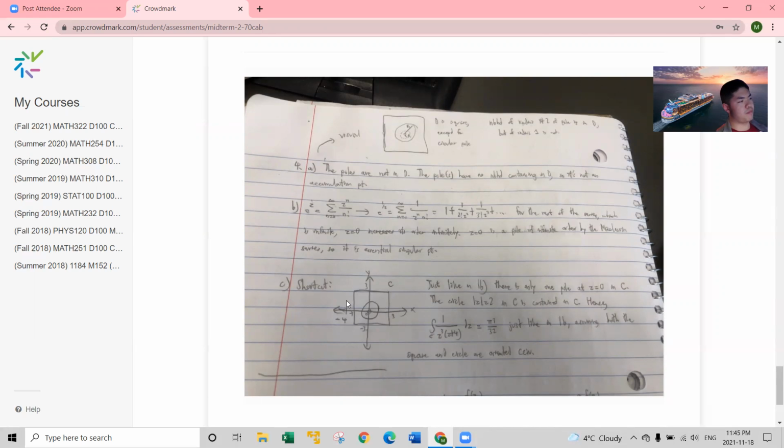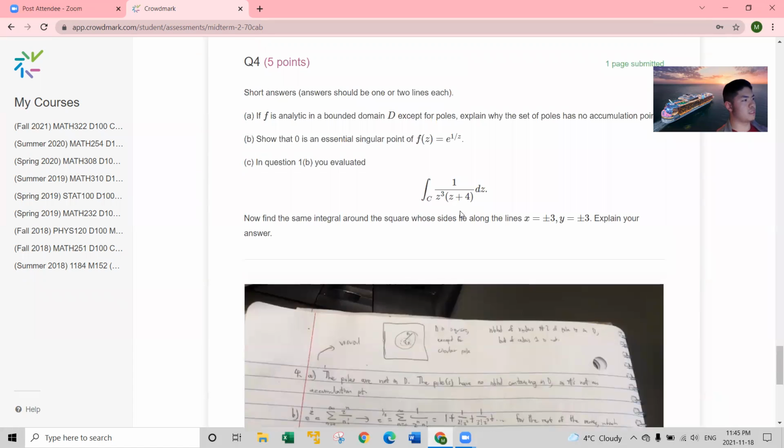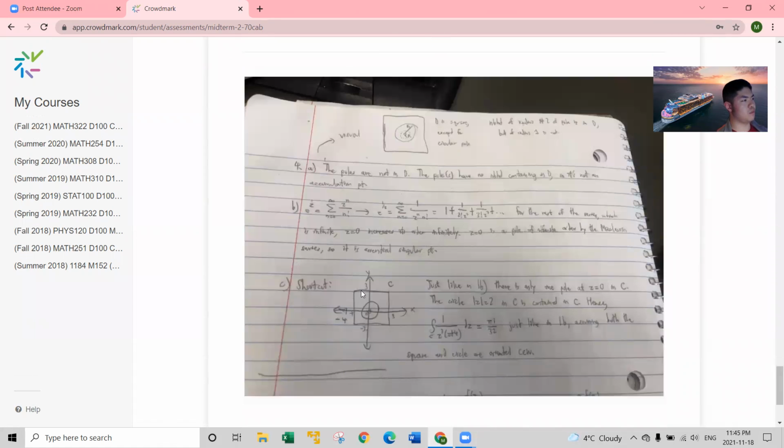Notice that z equals -4 is not contained within C, but the pole z equals 0 is. So just like 1b, there is only one pole at z equals 0 in C.